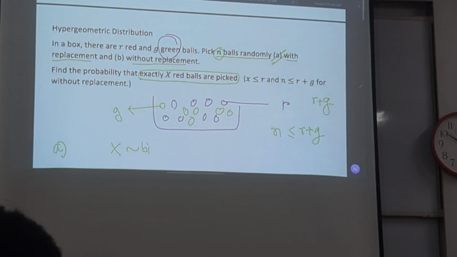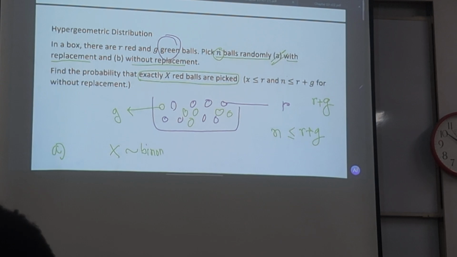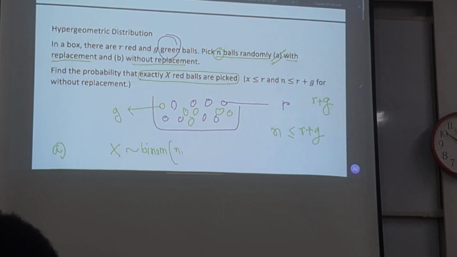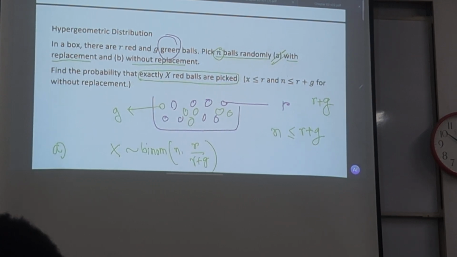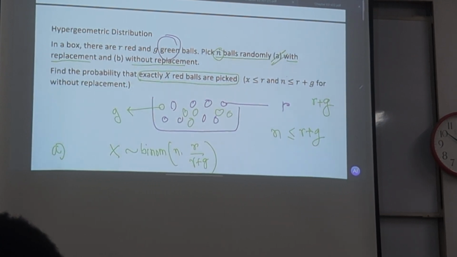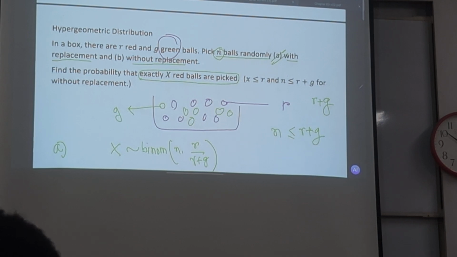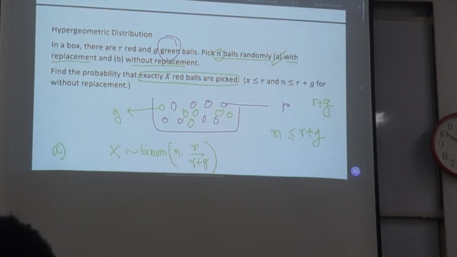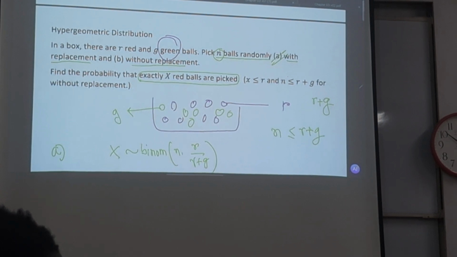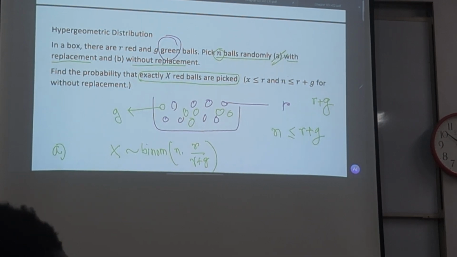What is the parameter? One is N, and P is the probability, which is the ratio of the number of red balls to the total number of balls, since you are replacing the ball.